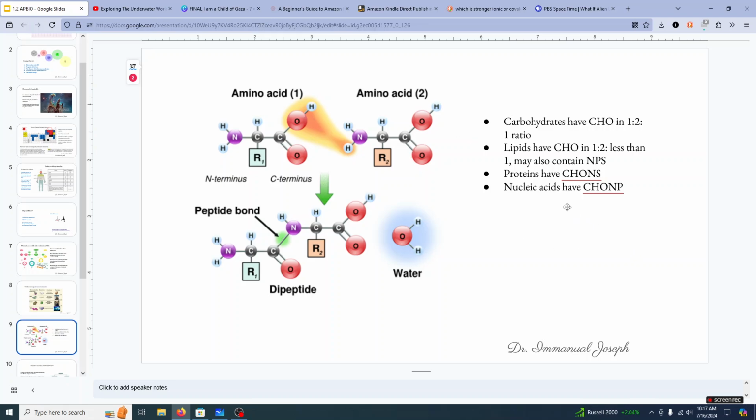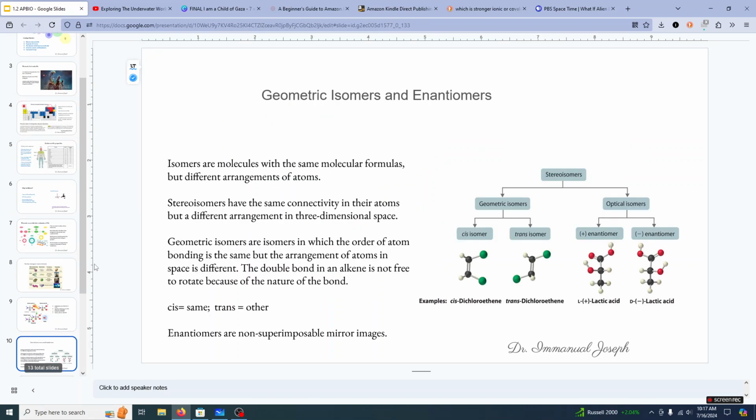So all of these are arranged in a particular way that makes things work. But it's not just the arrangement of atoms, it is also the sequence in which they are arranged, and also the spatial arrangement of atoms.